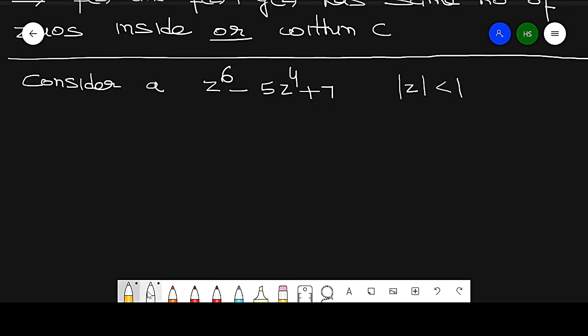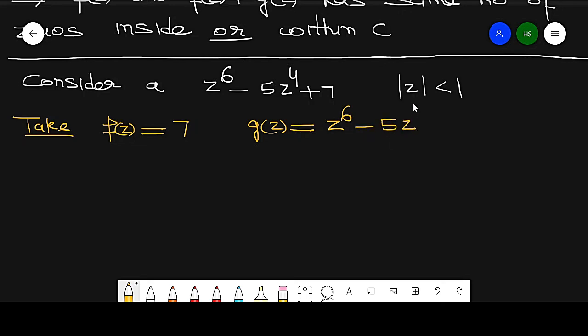I take f(z) as the constant 7, and g(z) equal to z raised to power 6 minus 5 z raised to power 4.